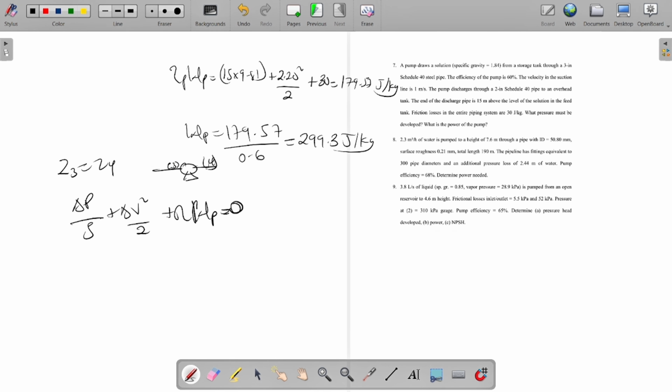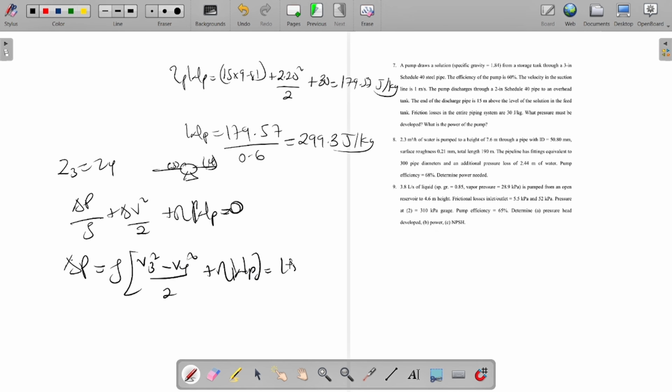I'm accounting for just the pump work because I'm taking a mechanical balance around just the pump. So I'll have the change in P equal to rho times V3 squared minus V4 squared divided by 2 plus the efficiency times the WP.